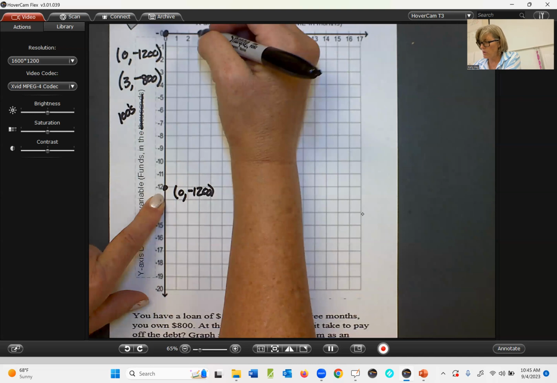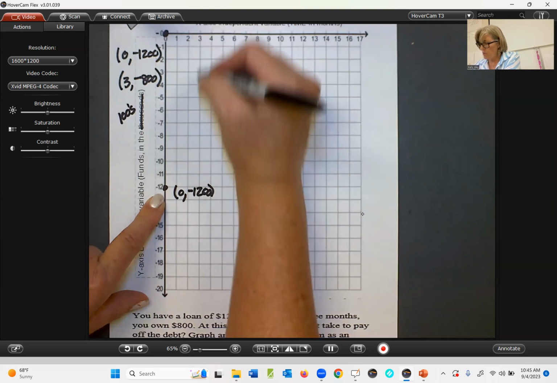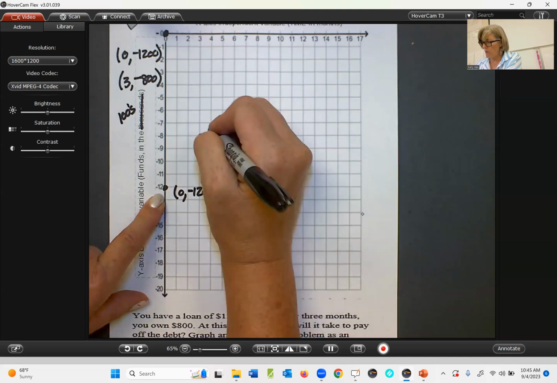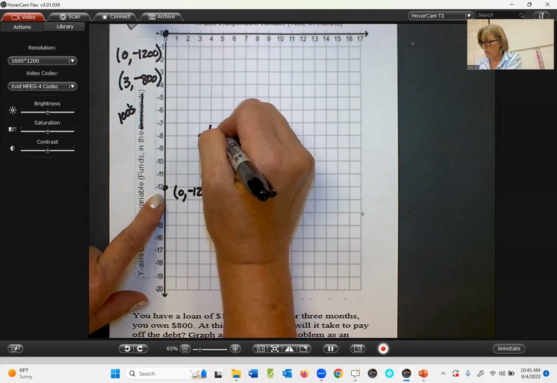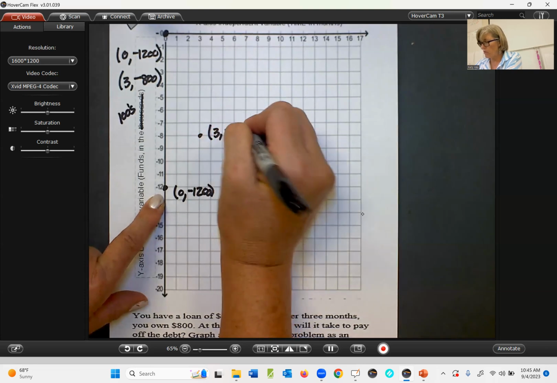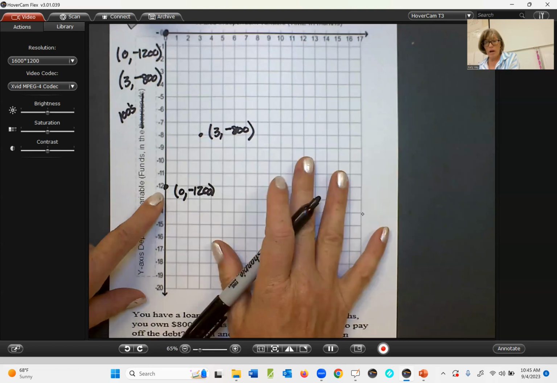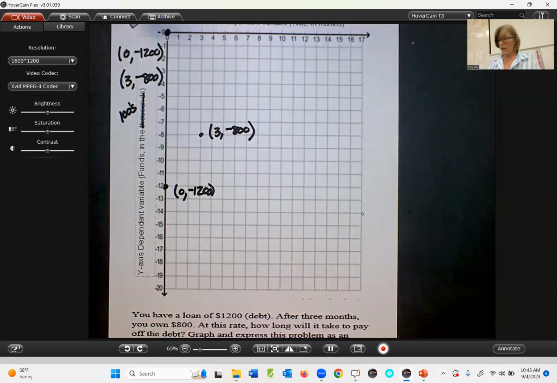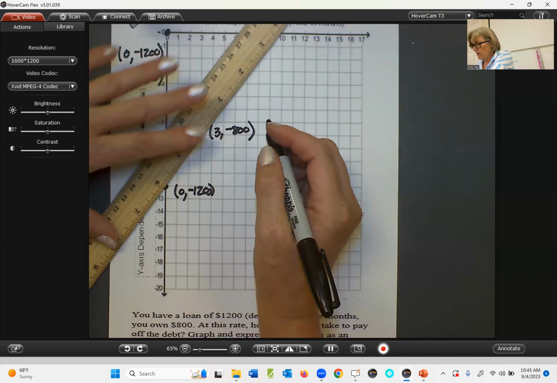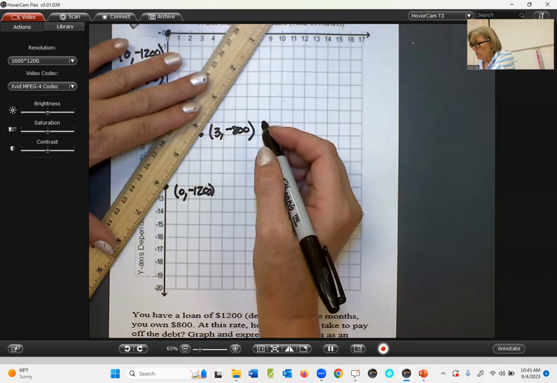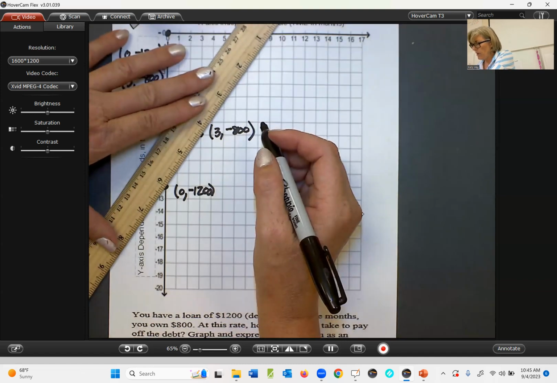After 3 months, we are $800 in debt. So after 3 months, negative 800. Now we create our line, and we're predicting how many months it will take to pay this off.